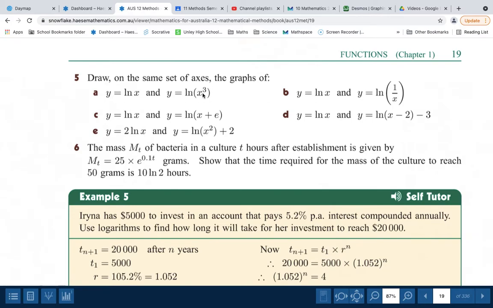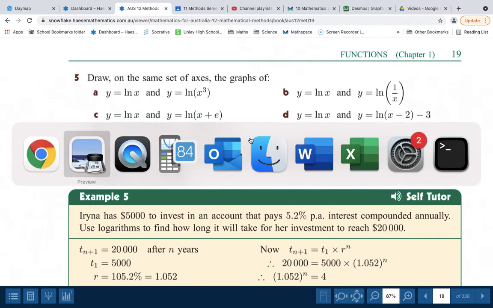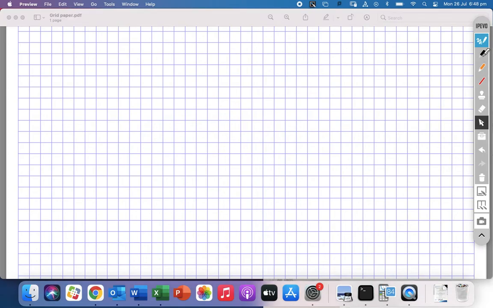This x cubed, it's interesting to compare that to this x squared. There's similar things happening here, but in this one they want you to compare to 2 log x, and I've just shown you that they're the same thing, aren't they? If we compare y equals 2 log x versus y equals log x squared, well, couldn't I rewrite this one as being 2 log x?